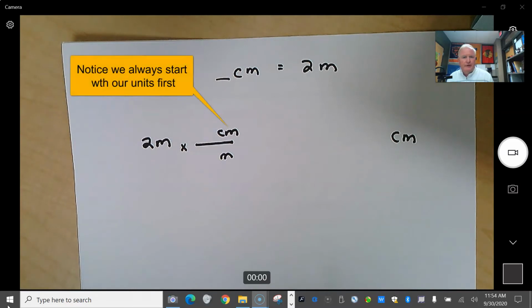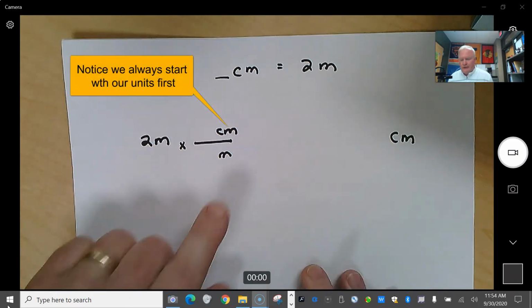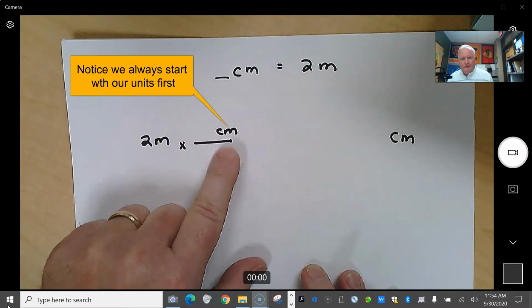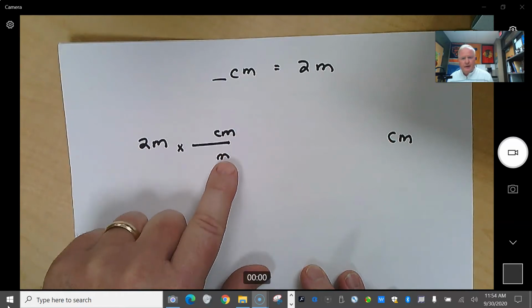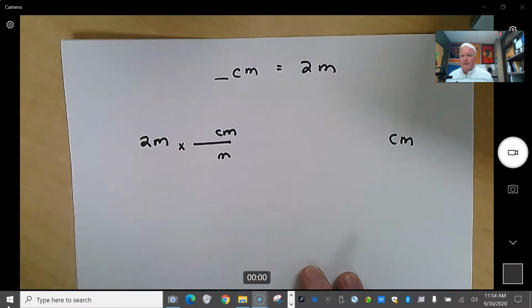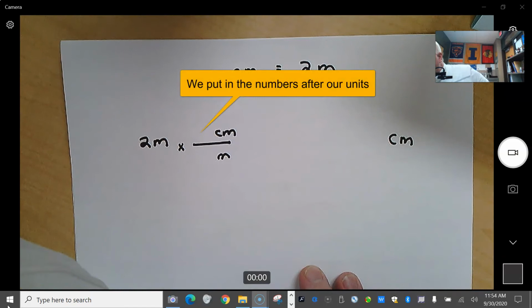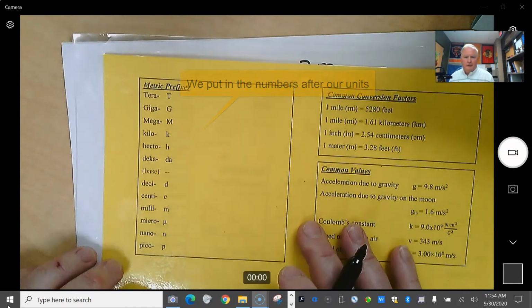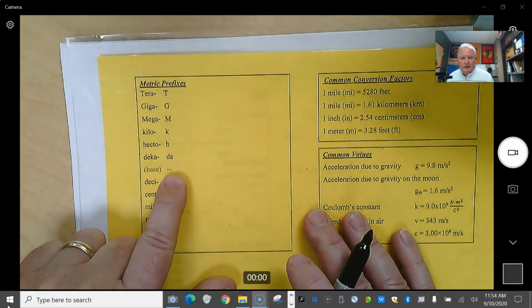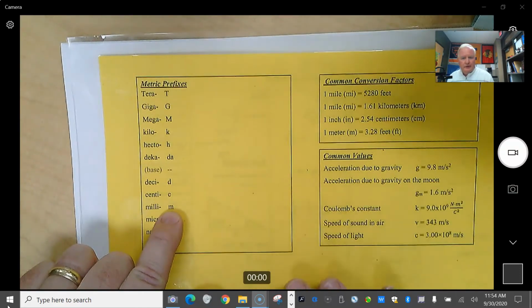Now we just need to get the numbers. And this is what we've been practicing. And so we say to ourselves, all right, I need to find a conversion factor between meters and centimeters. And I ask myself, which one is bigger? Is it meters or centimeters? And most of us know it, but if we don't, we just go to our sheet and we go, okay, here is our base, centimeters right down here.